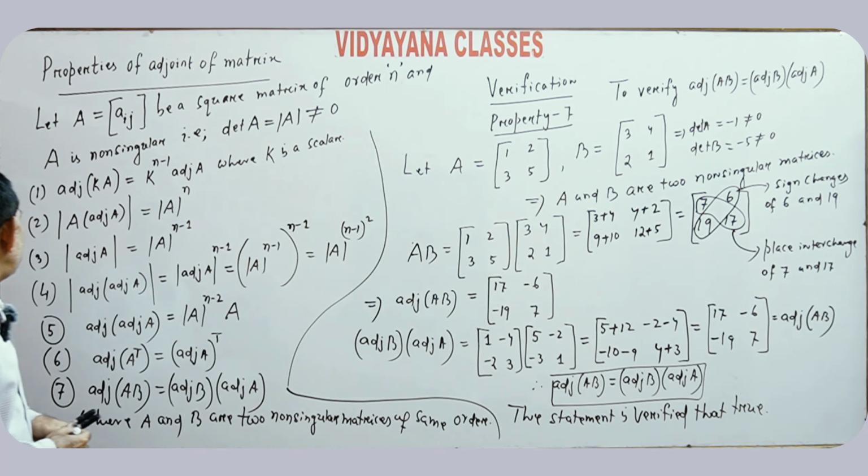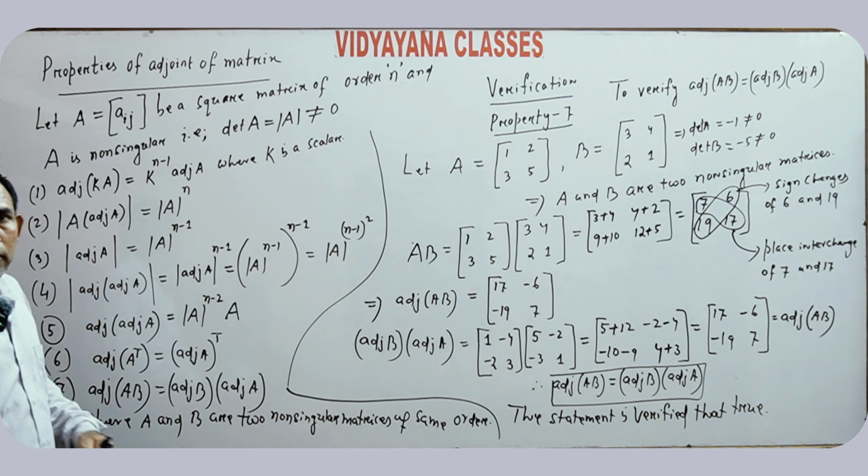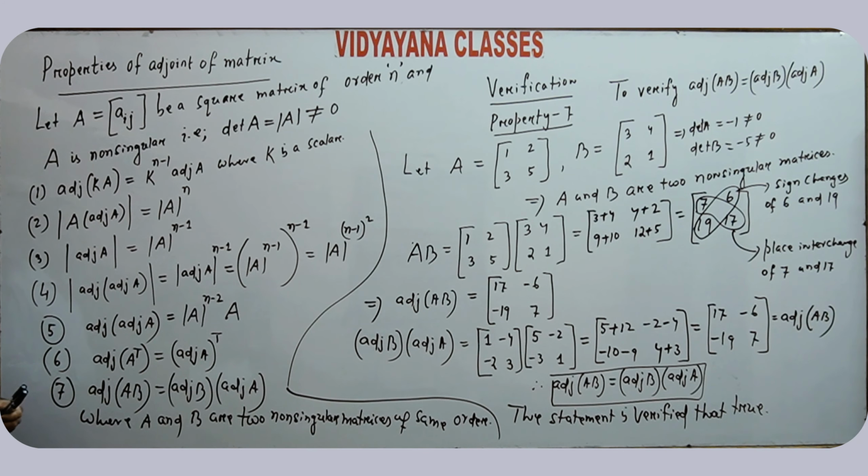Similarly, we can verify the first 6 properties as for 7. Are you clear? Okay, write down.